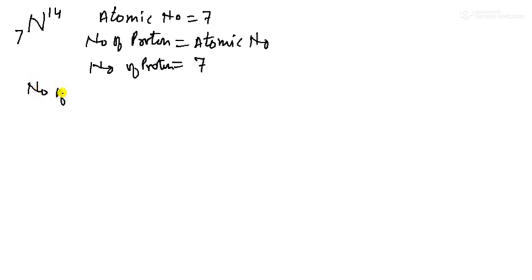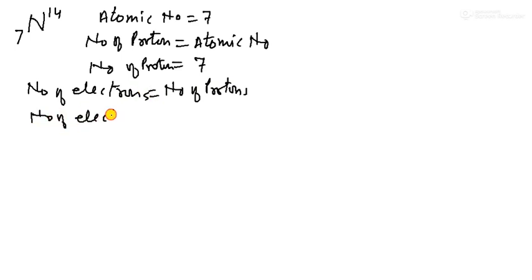Now the number of electrons is equal to the number of protons. So the number of electrons is 7, and the mass number is 14.